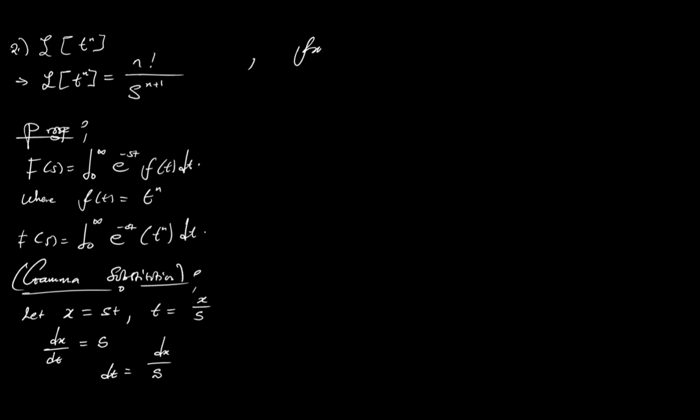Now, from the s domain, f of s is equal to the integral from 0 to infinity of e to the minus st of t to the n dt. By substituting what we've used in the gamma substitution, it implies that the s domain, f of s, is now equal to the integral from 0 to infinity of e to the... Remember that x is equal to st, so we'll have negative x.